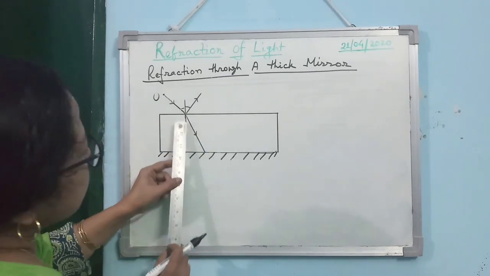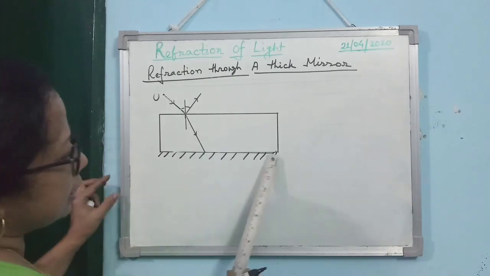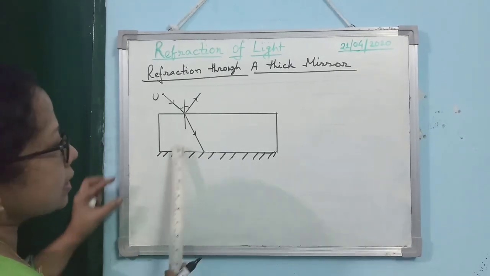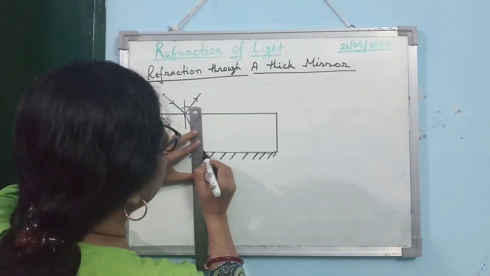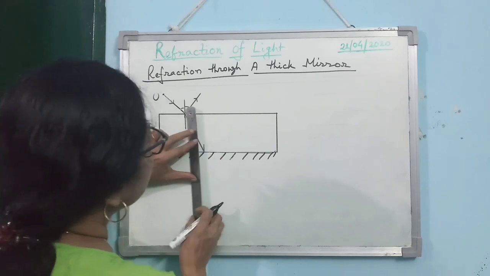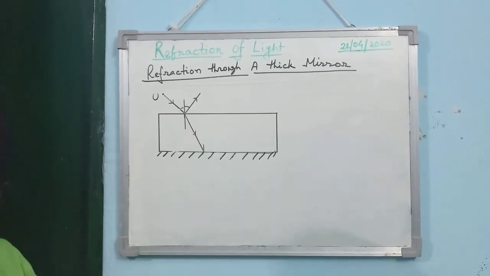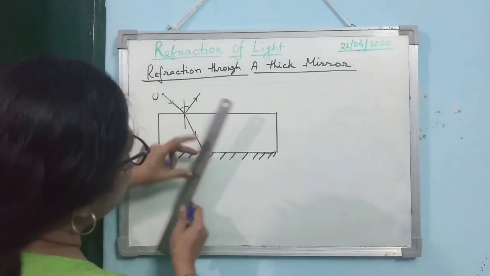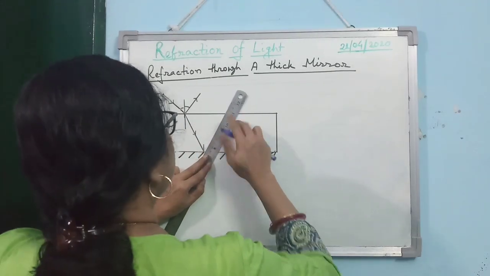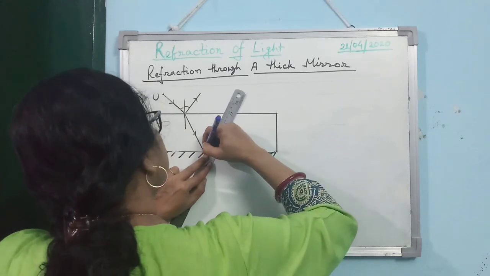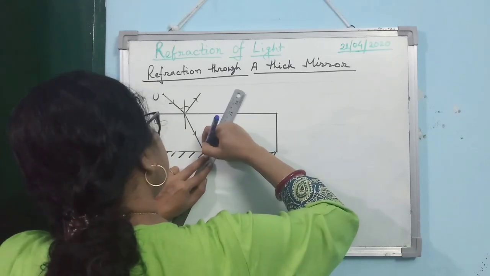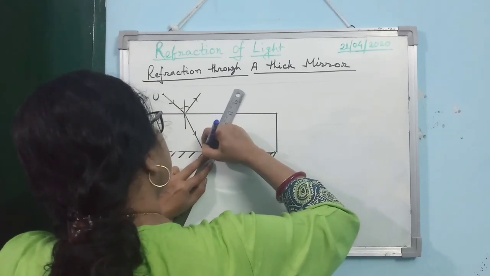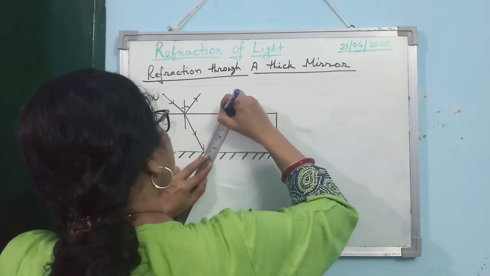Now, consider this light now, it is falling on this one, this is a reflecting surface. So what will happen to the light? Light will suffer only reflection, because it is a reflecting surface. Certain amount of light will be absorbed and the rest will suffer reflection.